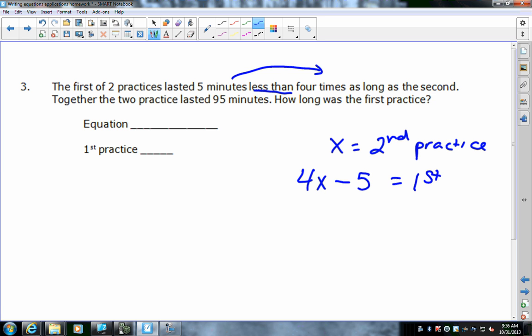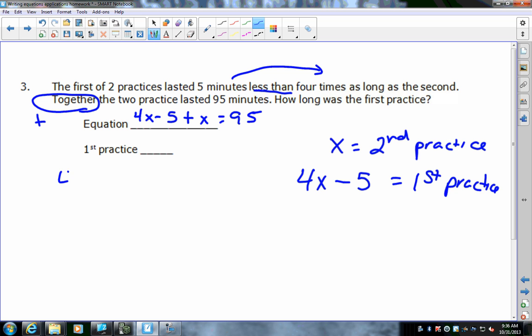That's going to be the first practice. So now it says together they lasted 95 minutes. That means I have to add them together. So my equation is going to be the first practice, 4x minus 5, plus the second practice equals 95.